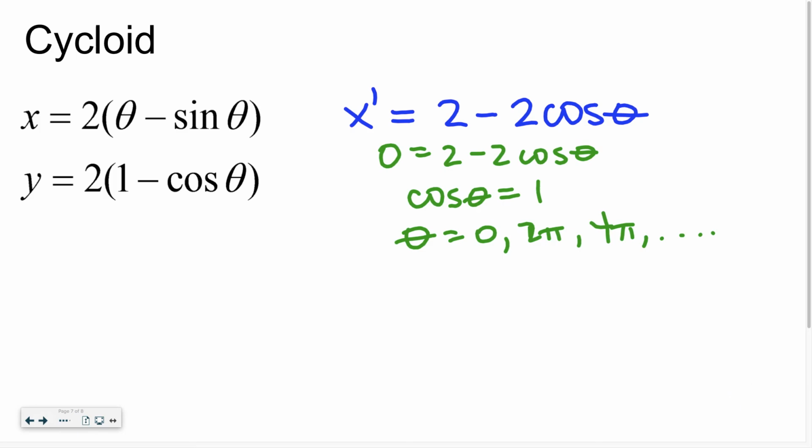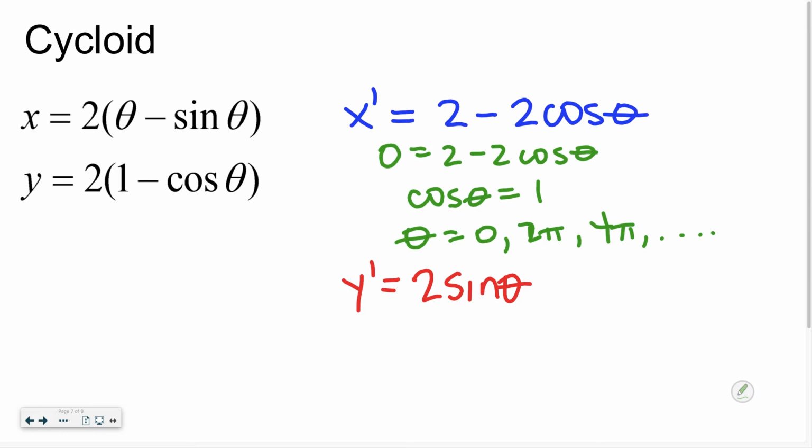Now, if we find y prime, Richard, what is y prime? It'd be 2 sine theta. The derivative of cosine is a negative sine, so it can't be that.